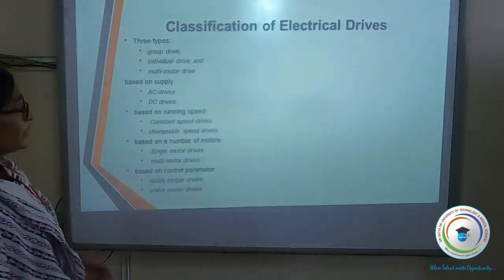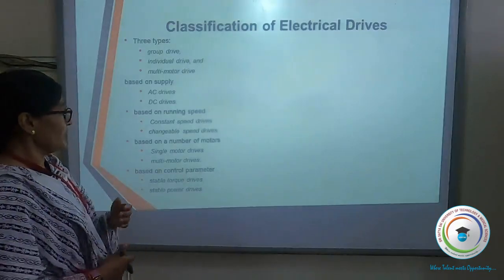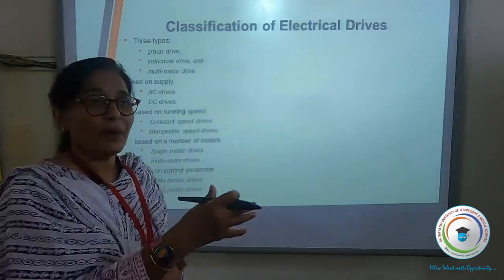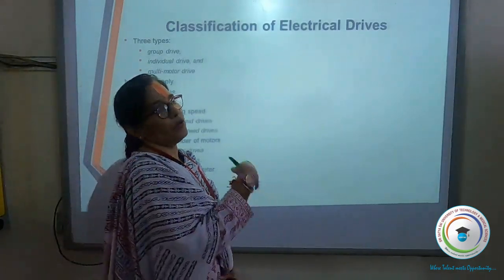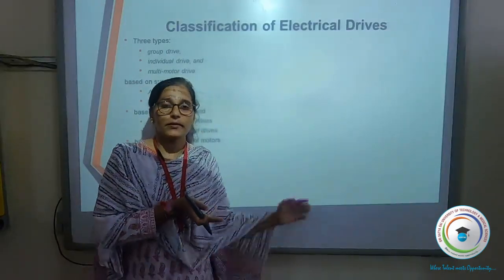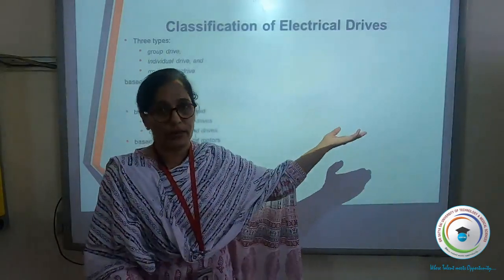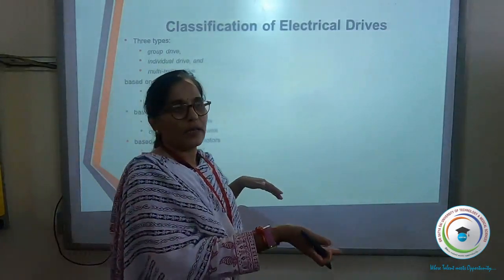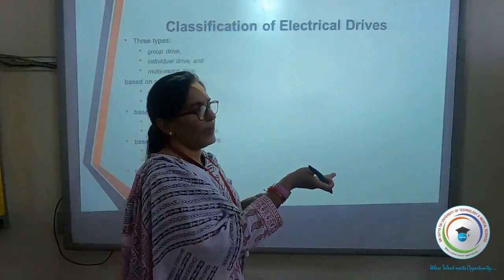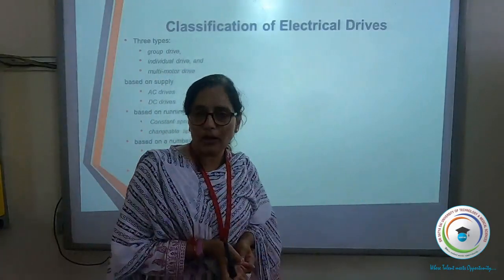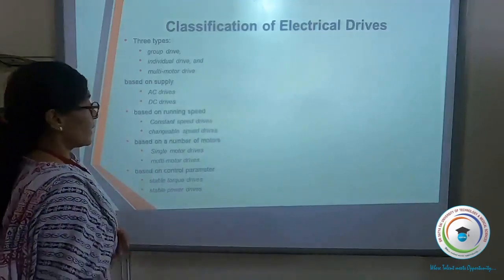Based on the control parameter. Control parameter means the parameter which we require to control to get the desired performance as required by the load. So what do we basically require at the output side?